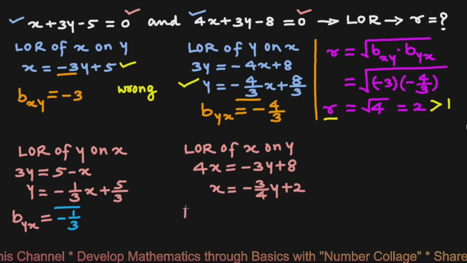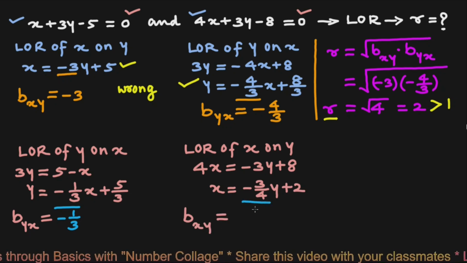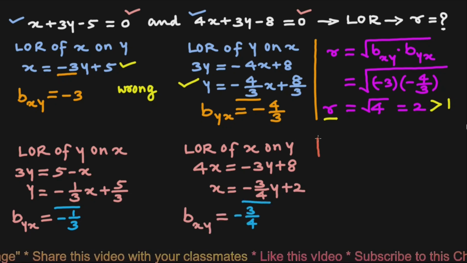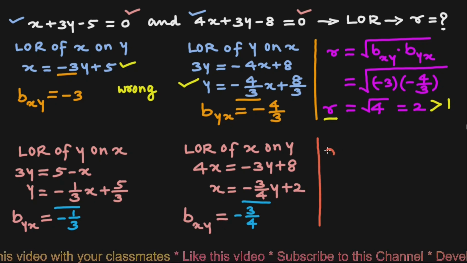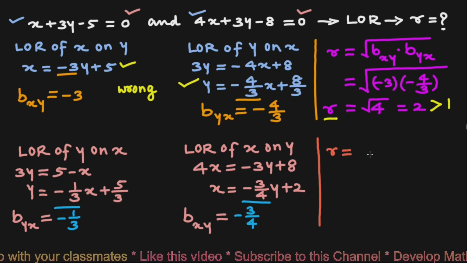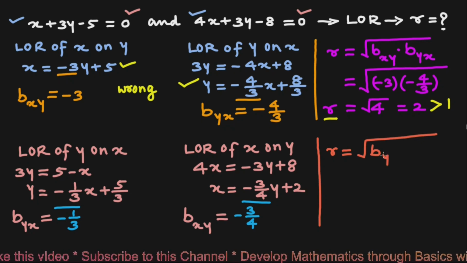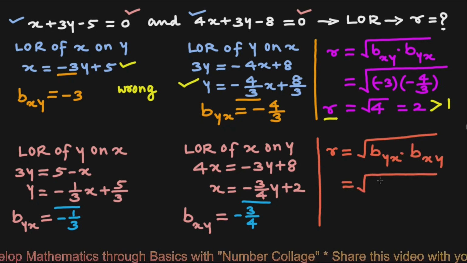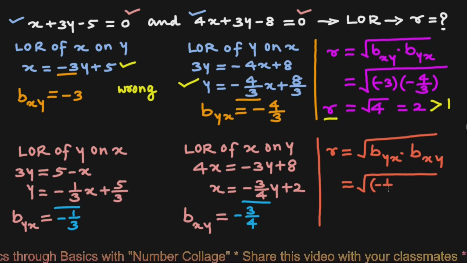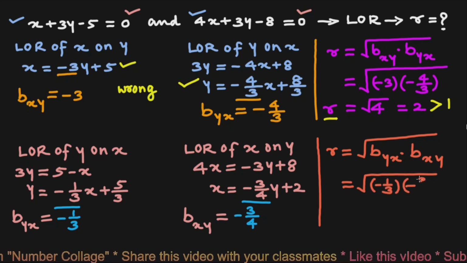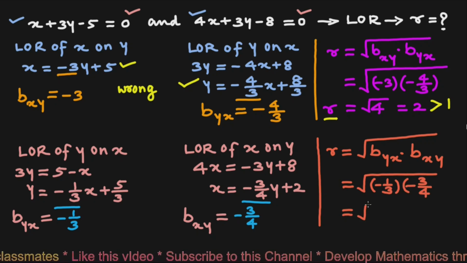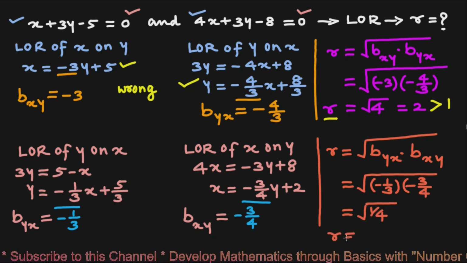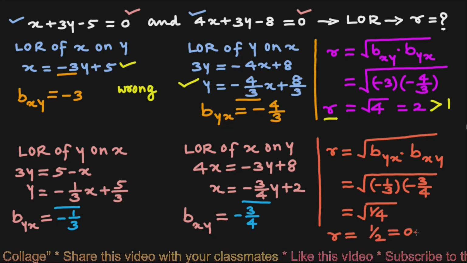The coefficient of regression bxy will be this minus 3 by 4. So in this second case, we will find the coefficient of correlation r equals square root of byx into bxy, which will be square root of minus 1 by 3 into minus 3 by 4, which will be square root of 1 by 4, or the coefficient of correlation will be half or 0.5.